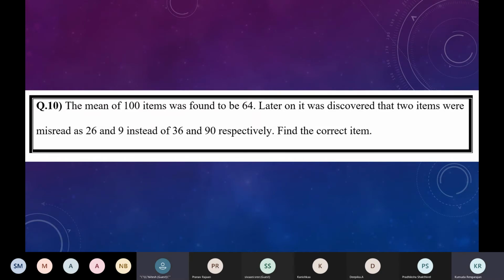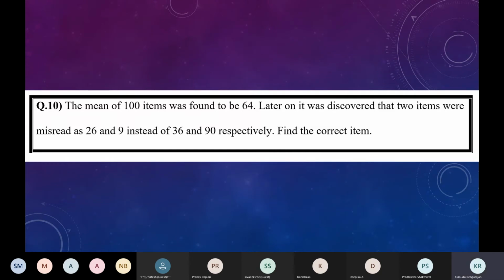How many observations are there? 100, ma'am. So the sum of all the 100 observations is equal to 64 into 100, 6,400. Later on, it was discovered that 2 items were misread.